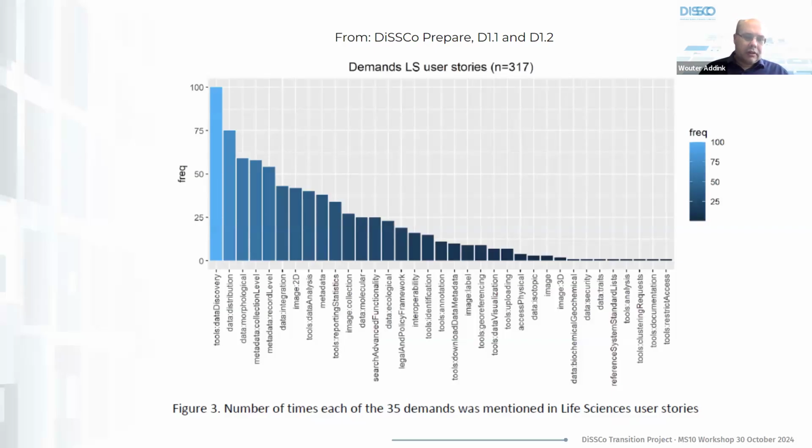What you can also see here is a large demand for 2D images in life sciences. What's a bit different in earth sciences is that there is much more demand also for 3D images. You see that the 3D images here are at the right part of the scale.